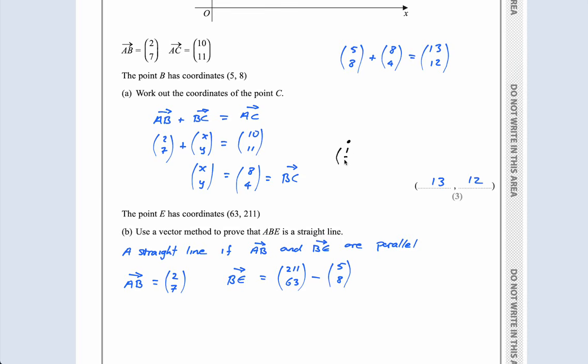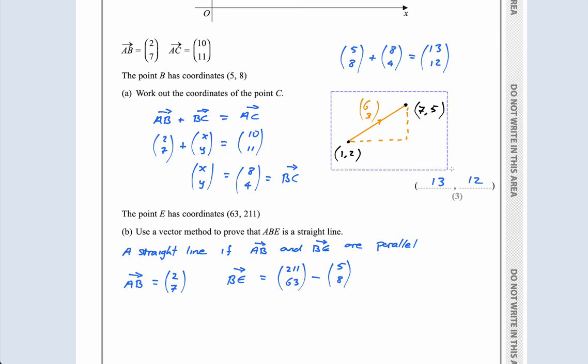Imagine this point is 1, 2, and this point here is, I don't know, 7, 5. Then I can find this vector by subtracting them, because if I do 7 minus 1, that tells me how far over I've gone, which is 6. So this vector has to be 6. And if I do 5 minus 2, it tells me how far vertically I've gone. 5 minus 2 is 3. So this vector would be 6, 3.